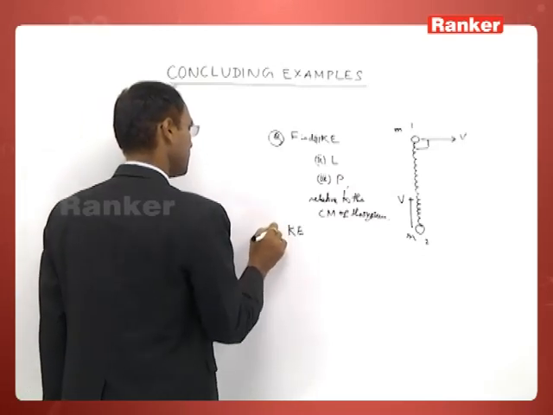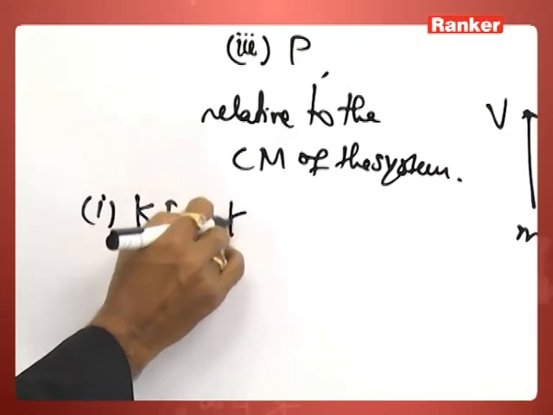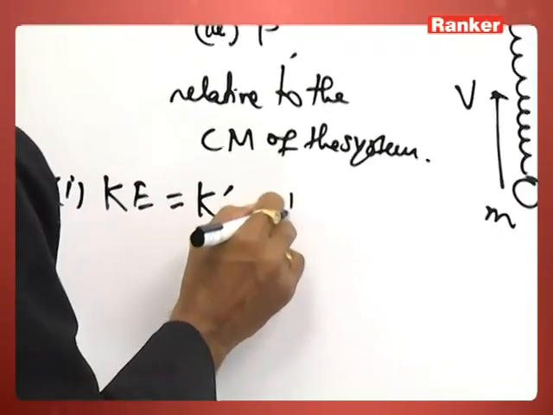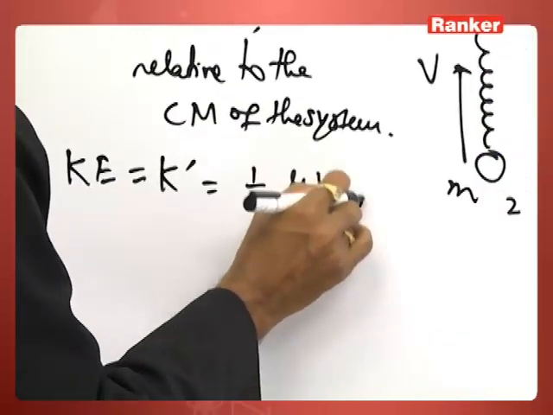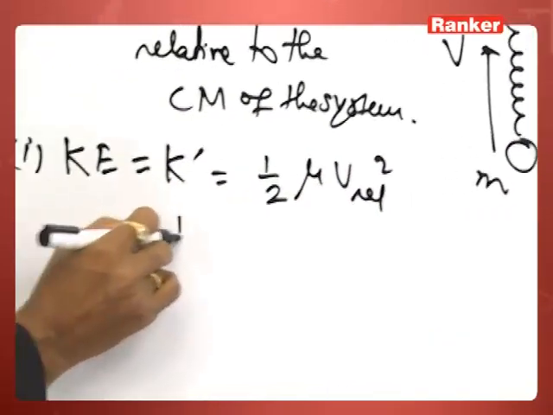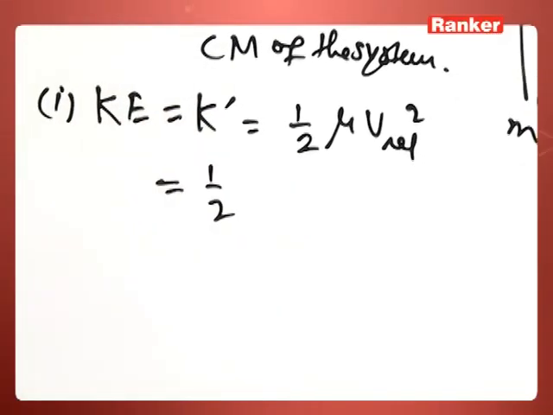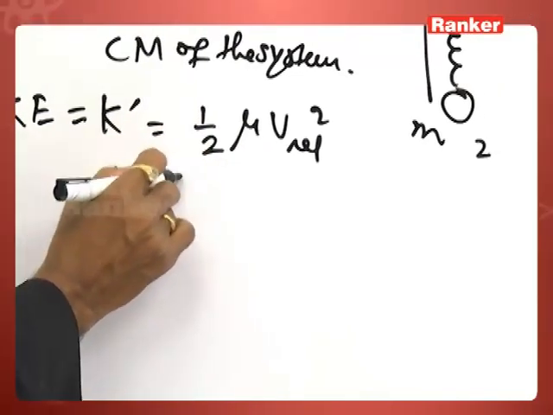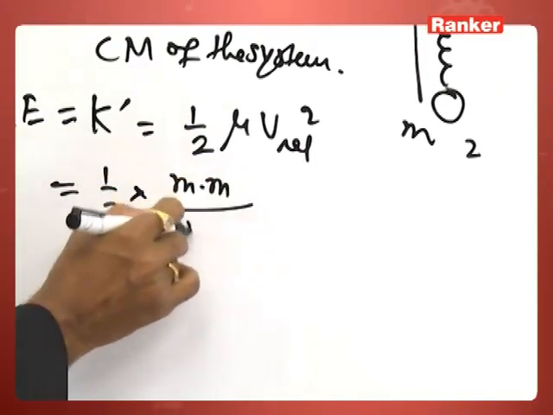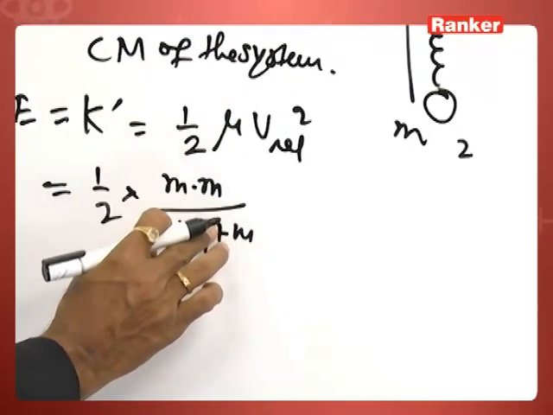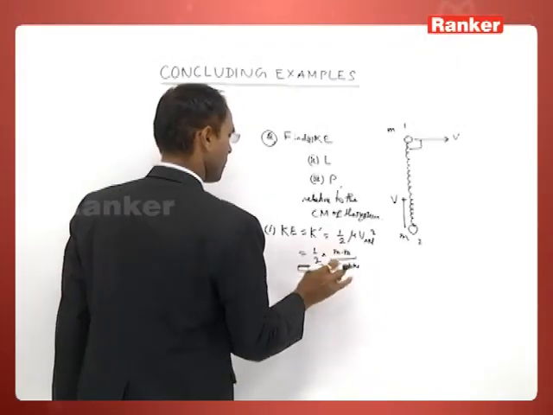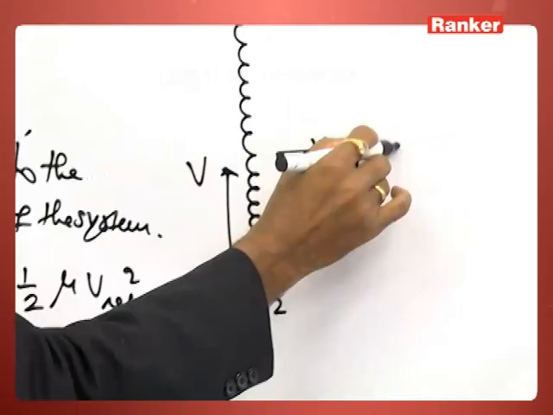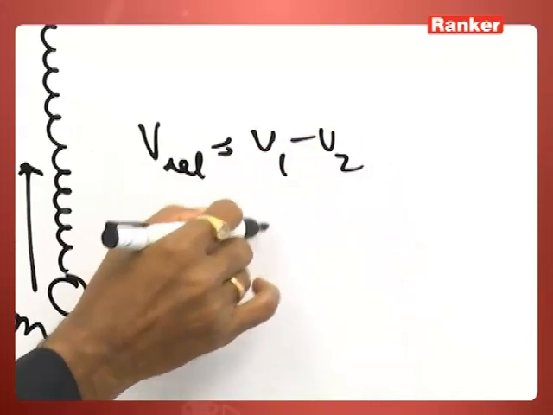Kinetic energy with respect to center of mass is equal to half mu v relative square. We talked about this in center of mass of the system of particles. Mu is equal to m1 into m2 by m1 plus m2. V relative is equal to V1 minus V2.